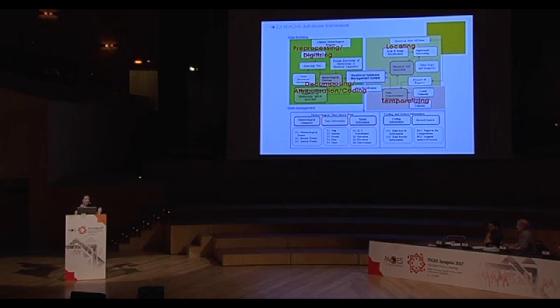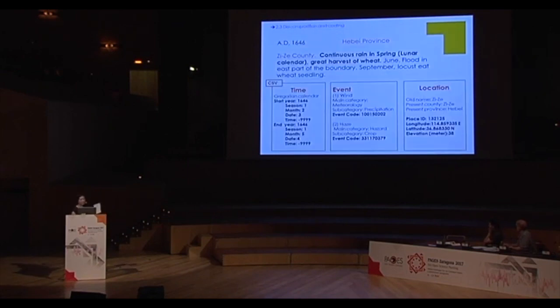And after every record has been processed, it can come into the data management system, and then we can retrieve data for analysis. So this is one of the examples, in Hebei province in the 17th century.